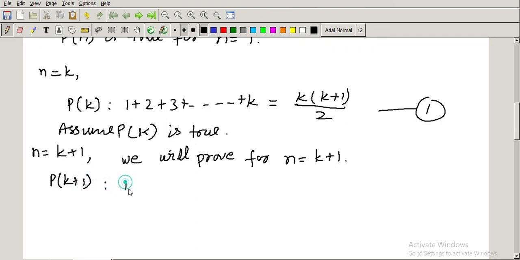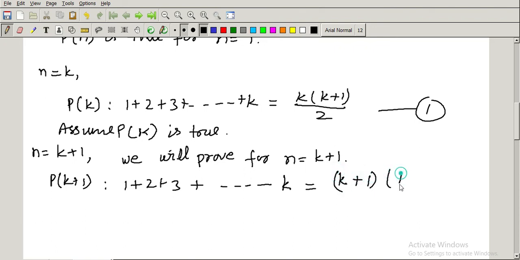So it will be 1 plus 2 plus 3 plus up to k, and then plus k plus 1, right?